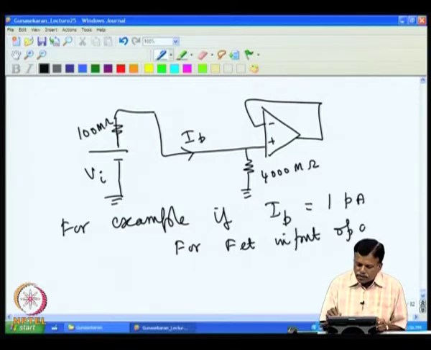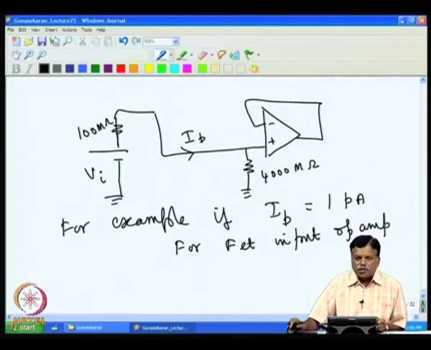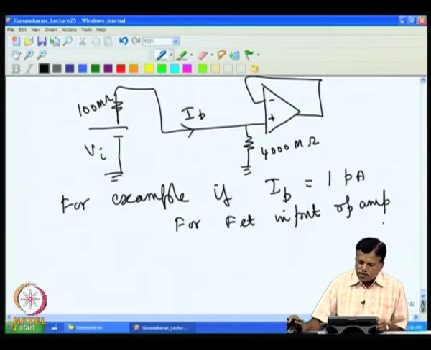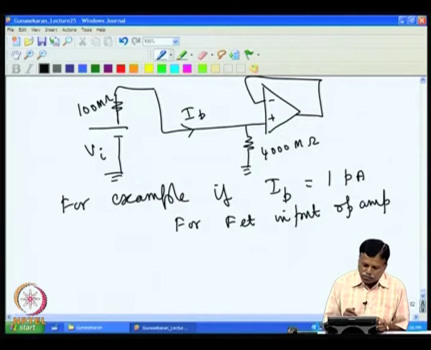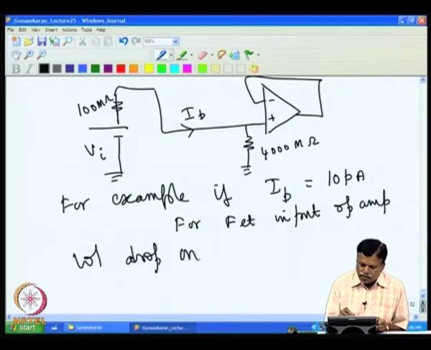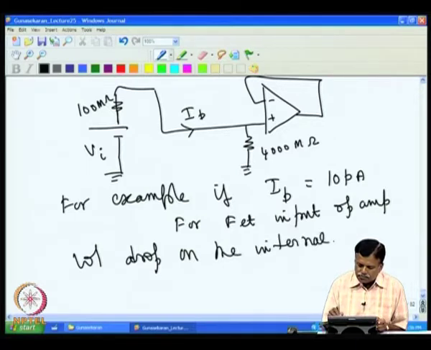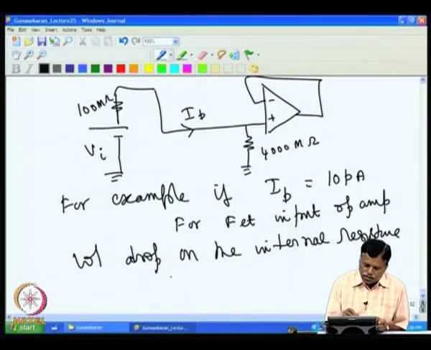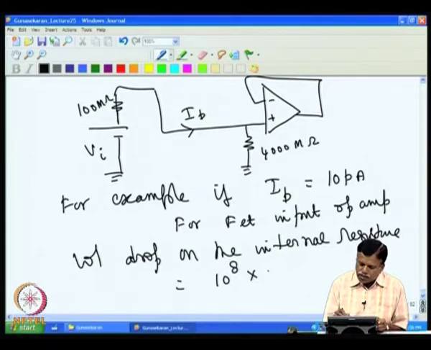So, in this case, we use a FET input op amp, maybe 1 picoampere, or even we can take say 10 picoampere. In that case, the voltage drop on the internal resistance is 10 power 8 into picoampere, which is 10 power minus 12.